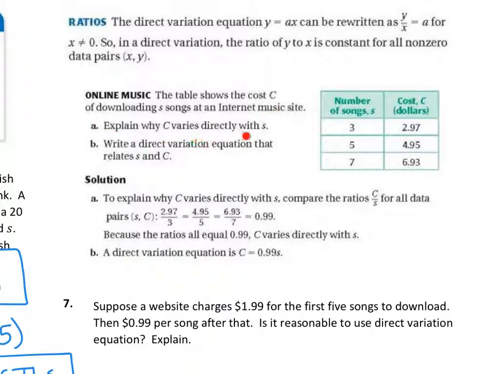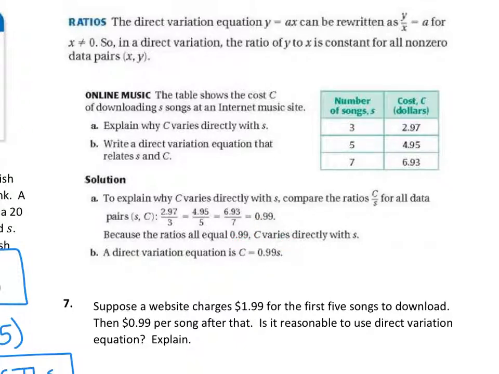Explain why C varies directly with x. So look what we have set up here. 2.97 divided by 3, 4.95 divided by 5, 6.93 divided by 7. They all equal the same, so it is a constant. If these did not all equal each other, it would not be a constant. So see how this constant is a? That's how they got this equation.